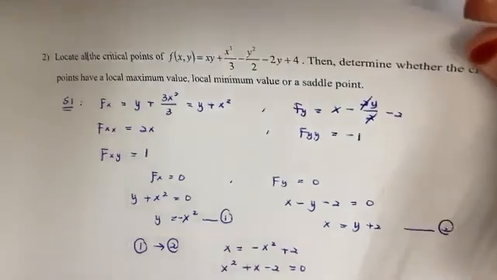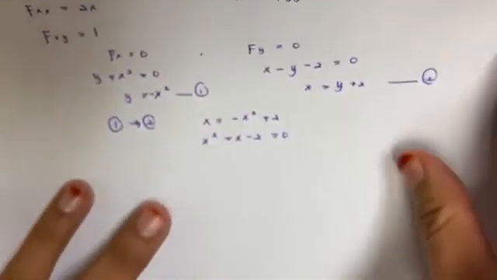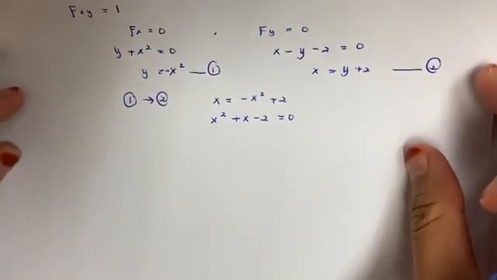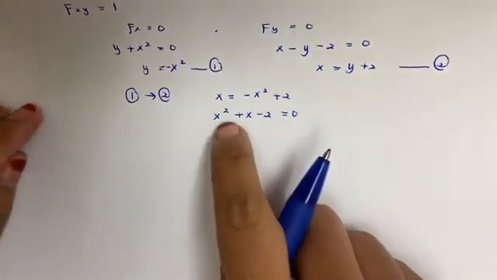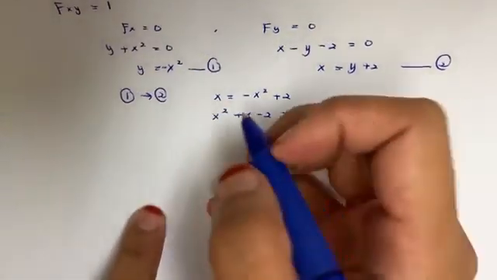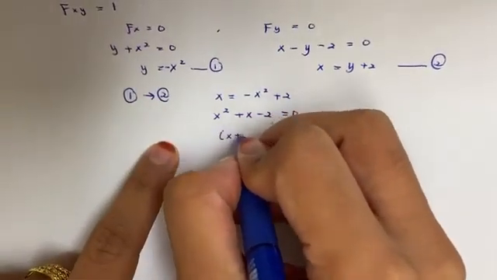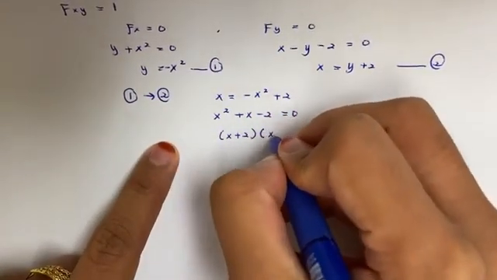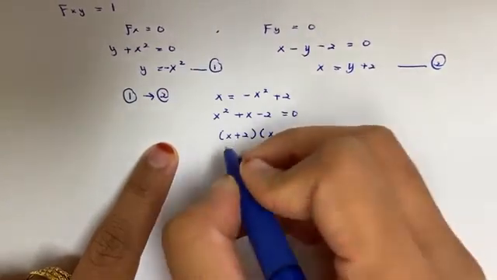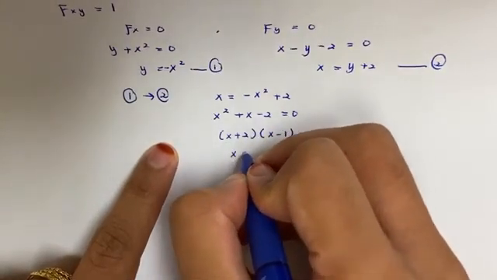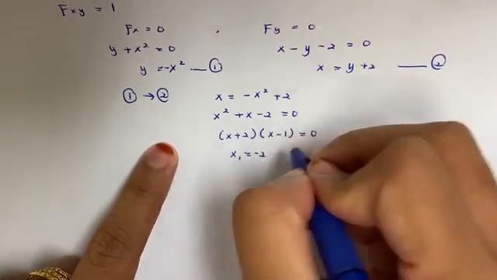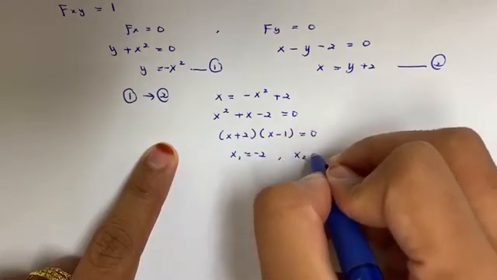Solving x squared plus x minus 2, we know that we have two roots here because we have a quadratic function. So this is (x plus 2)(x minus 1) equal to 0. So the first x is equal to minus 2, and the second x is 1.